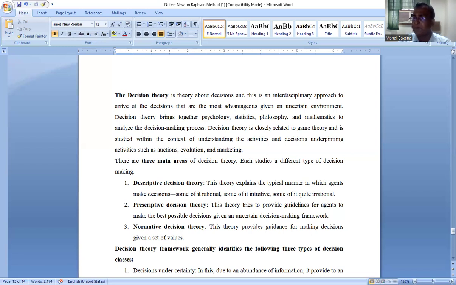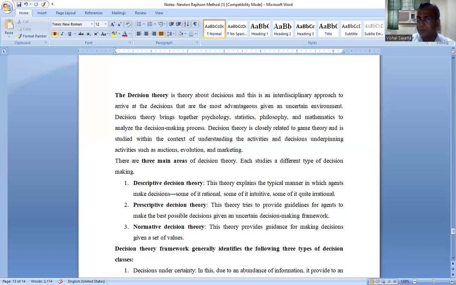Ultimately, it is a scientific method that is very helpful in different conditions. Decision theory brings together psychology, statistics, philosophy, and mathematics to analyze the decision making process.